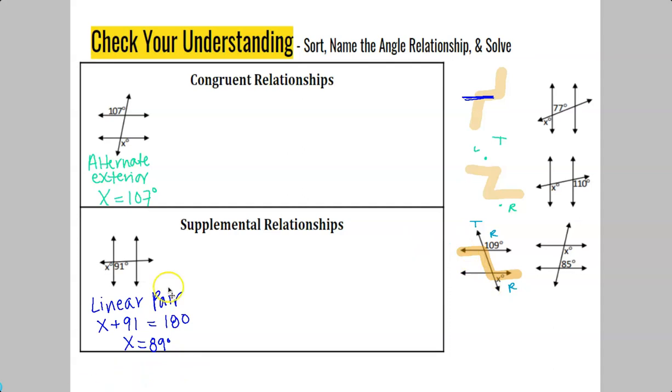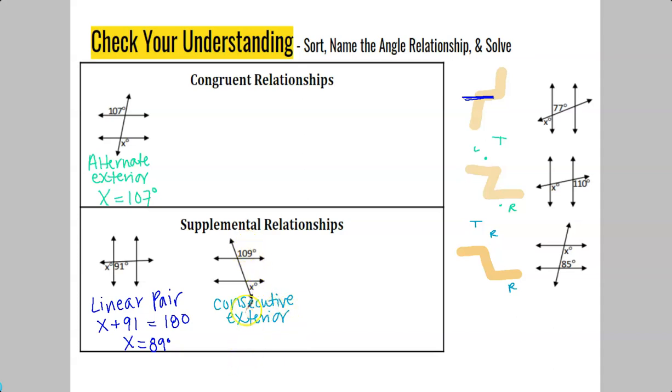And that relationship would be supplementary. So this one would be supplementary, and this is going to be on the same side exterior. So we would call this consecutive or same side exterior.